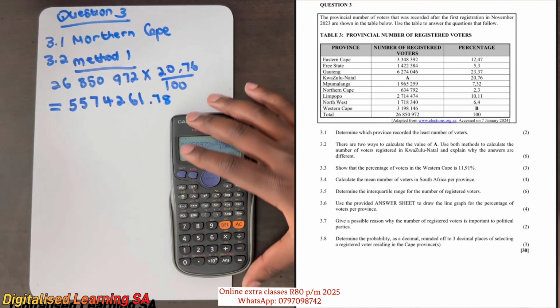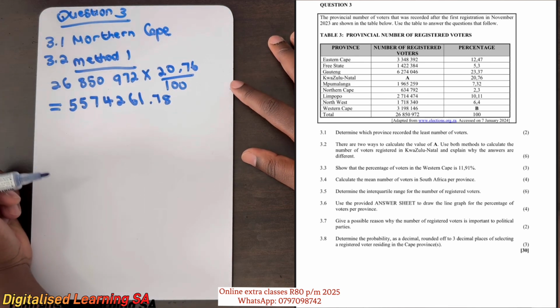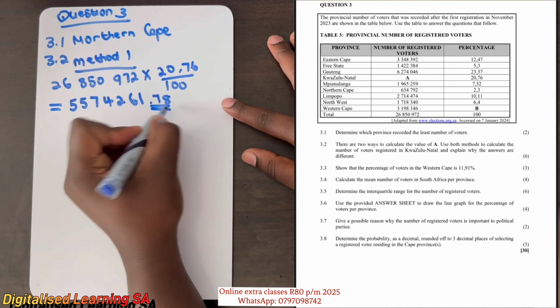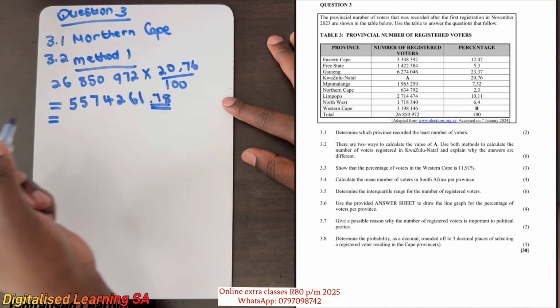And our answer will be 5,574,261.78. And guys, before we move to method 2, you need to understand that here we are speaking about the number of registered voters. So the answer needs to be discrete, meaning that we need to round this off.